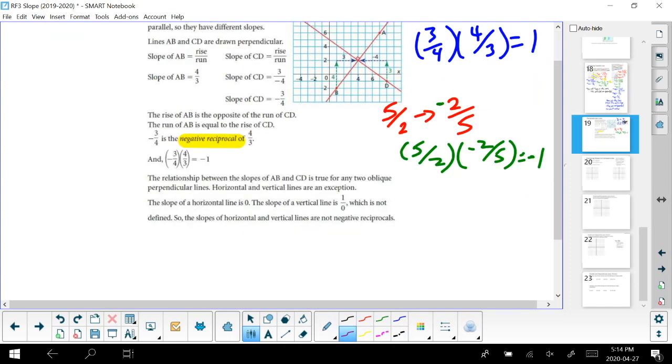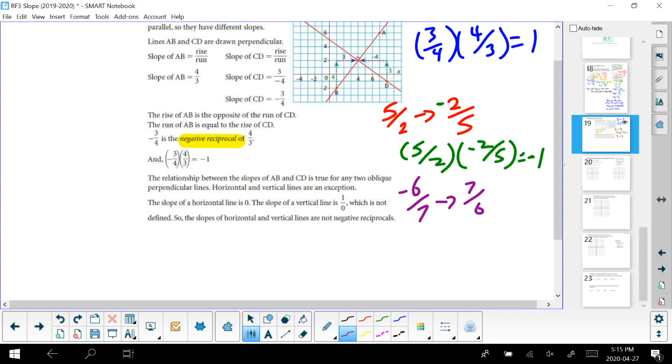Now, conversely, if I were to take negative 6 over 7 as my original slope, the negative reciprocal would now have to be 7 over 6. Now, why don't I have a negative sign on the second slope? Well, it's because the original was a negative slope already, which means that the line that's perpendicular to it has to have a positive slope.